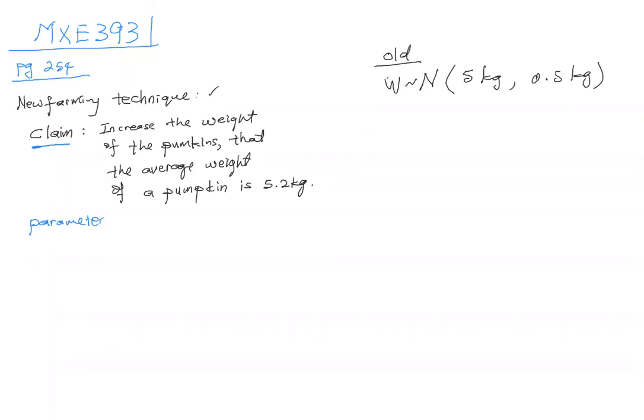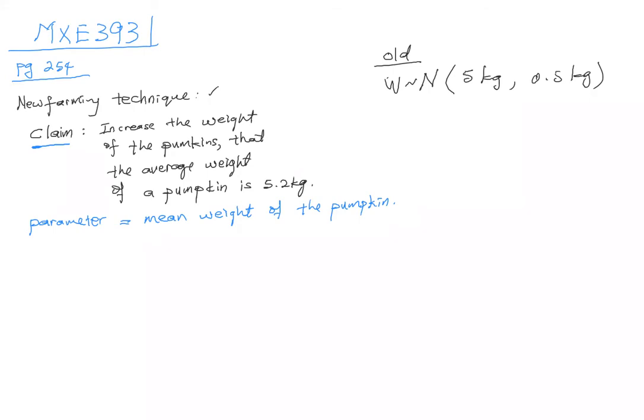The parameter is the mean weight of the pumpkin. Parameter means the statistical value that you are trying to prove.